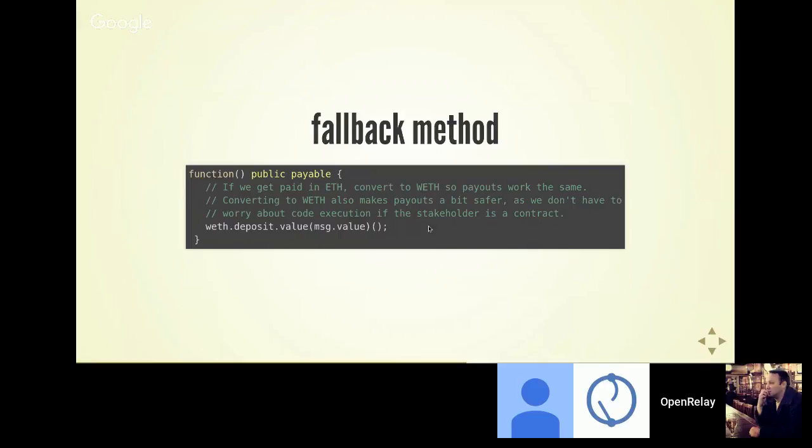There's a number of reasons that it's preferable to do that payout method with ERC20 tokens, not the least of which is that way we don't have to have one payout function for tokens and one payout function for Ether. It simplifies things.